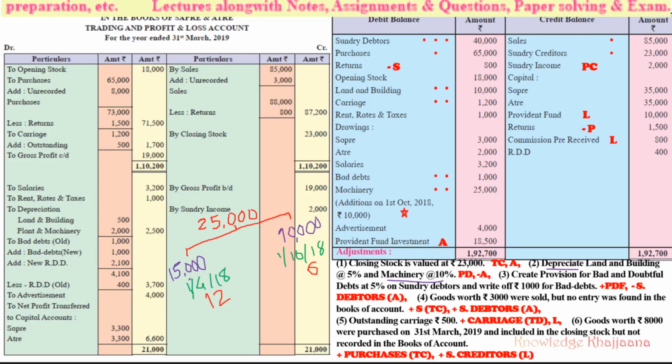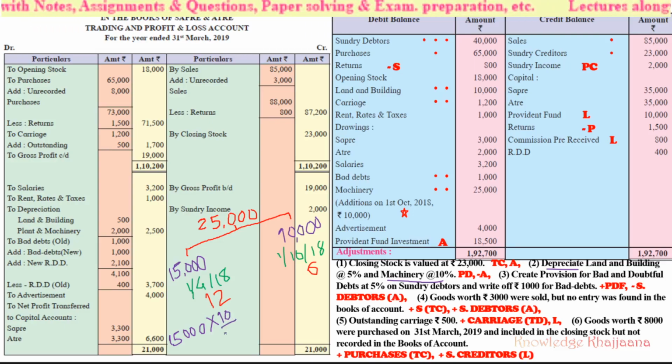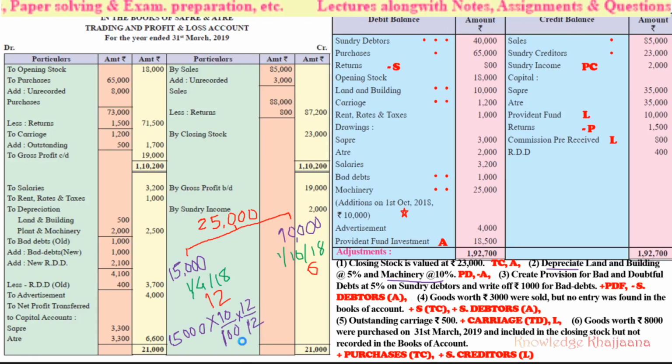For the machinery of rupees 15,000: 15,000 into 10%, that is 10 by 100, and it is with us for 12 months, so 12 divided by 12, which is 1 only.